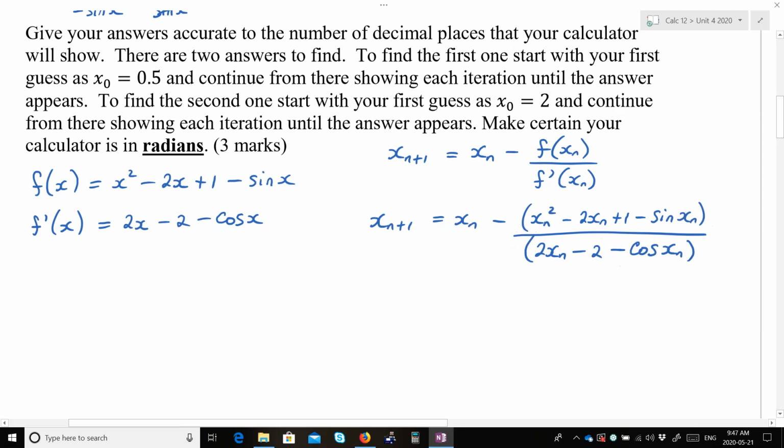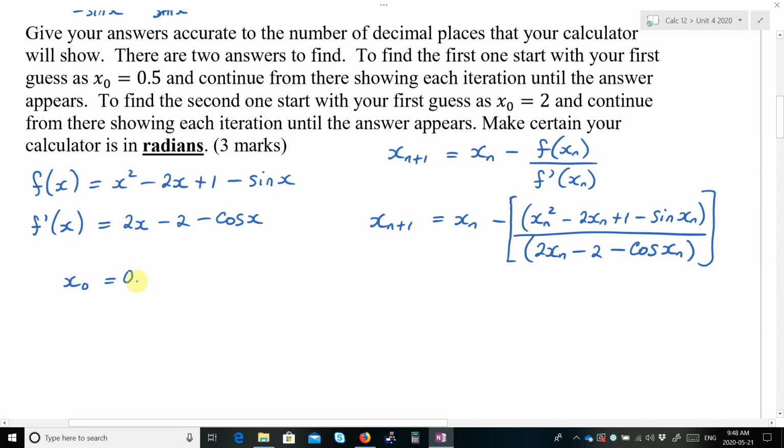Okay. And we may want to put this whole thing in brackets as well, just to be safe. Okay, and so let's start off with the first one.